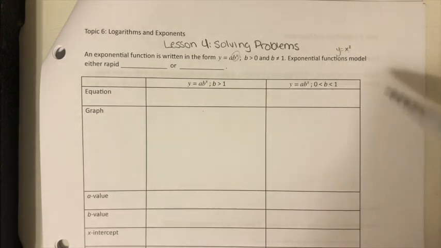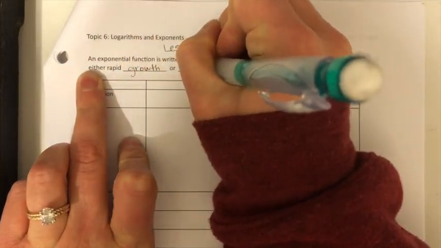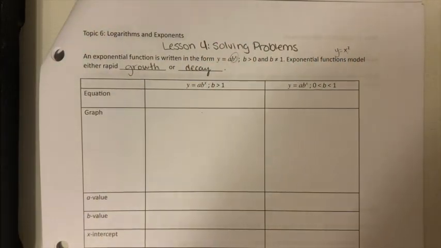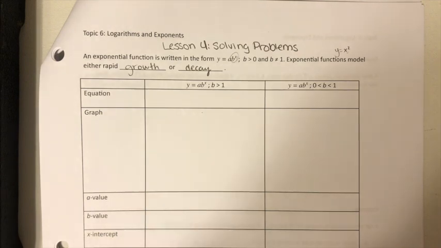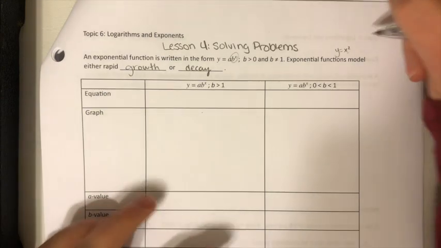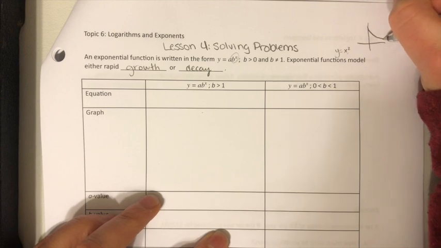So exponential functions model either rapid growth or decay. There's lots of things that grow exponentially. Investments are one, or the value of a car depreciates exponentially, right? As soon as you drive your car off the lot, it starts decreasing and then it kind of levels out.